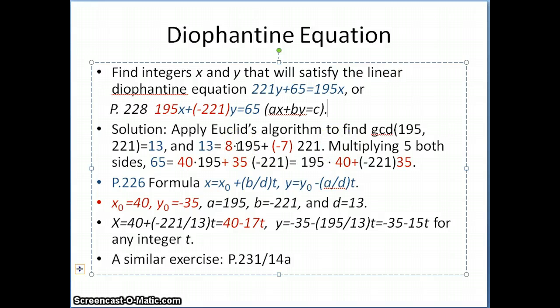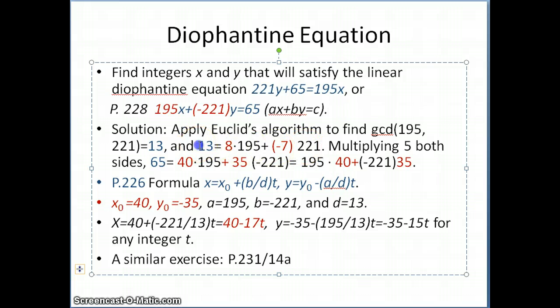This is just part of Euclid's algorithm. We can use back substitution, keep plugging back, to find these two numbers, 8 and -7. If you don't remember, you can go over the video from last week. Now we found that 13 is equal to 8 times 195 plus -7 times 221.